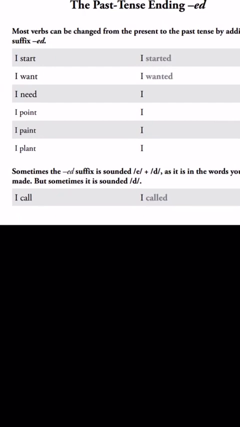Sometimes the ed suffix has different sounds. Okay, in the words above, we heard it make the ed sound. Started, wanted, needed. It can also make just the d sound. So this could be super tricky. You might think you want to just write a D, but really you just want to keep writing that ED, okay?